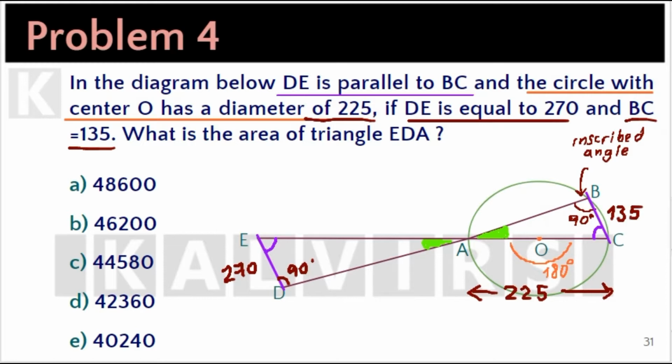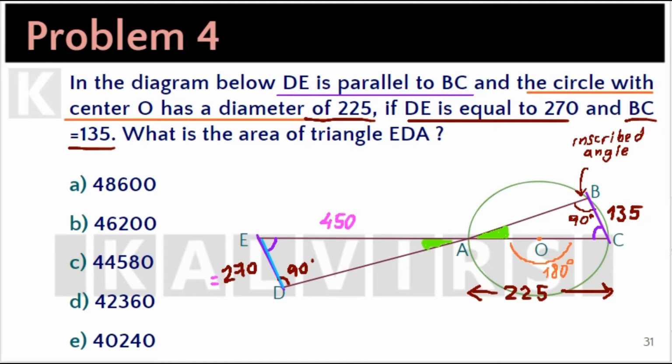See that the proportion between the sides of EDA and ABC is 2:1 because 270 is twice 135. Therefore, the length of side EA must be twice the diameter, twice 225. EA is twice 225, 450.